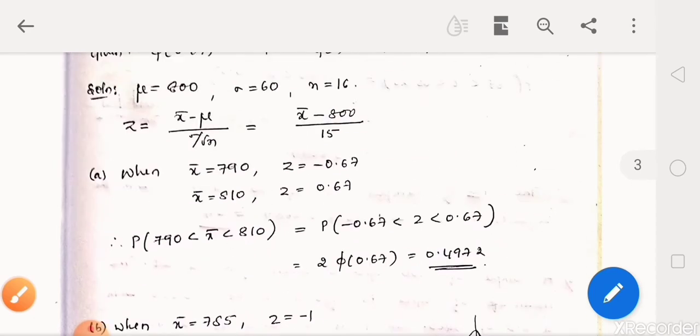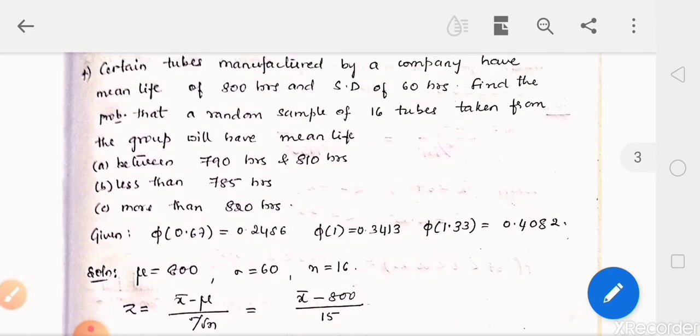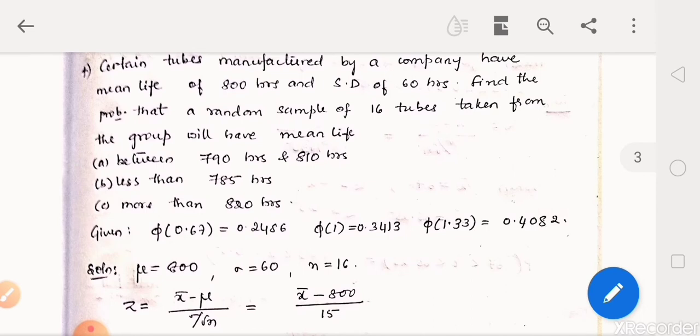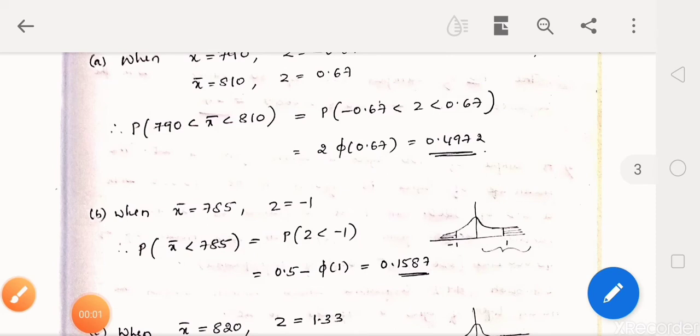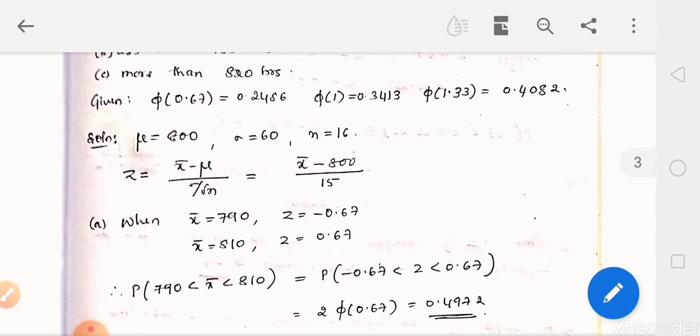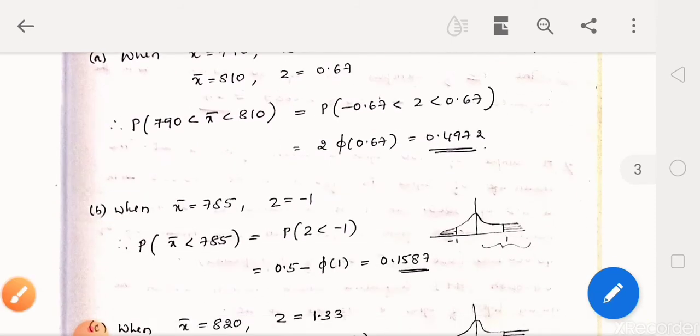Sub question B, we have to calculate the probability when mean life of the sample is less than 785 hours. When x bar equal to 785, we get z as 785 minus 800 divided by 15, and that is z is equal to minus 1.